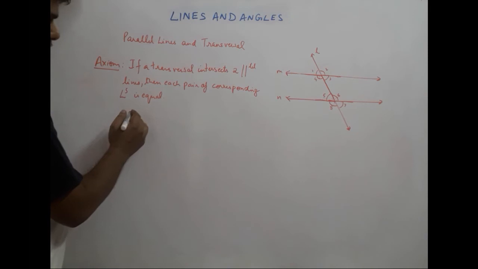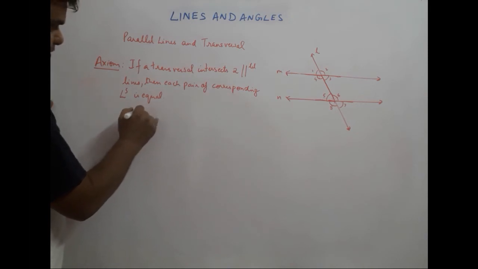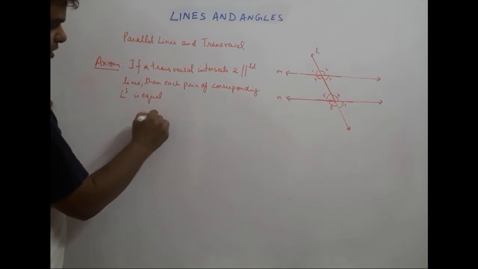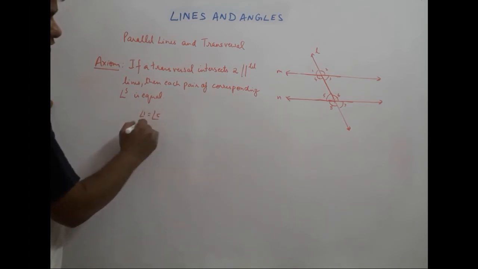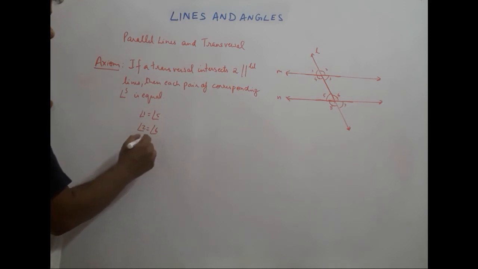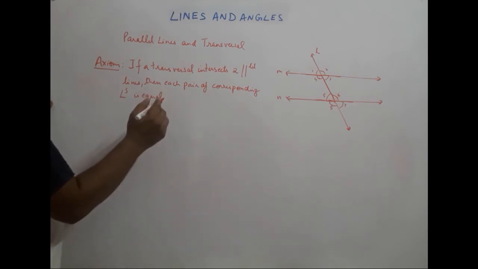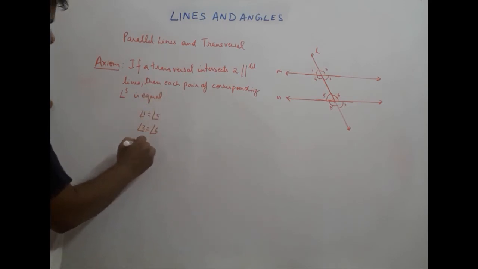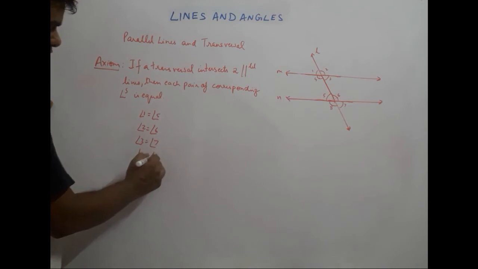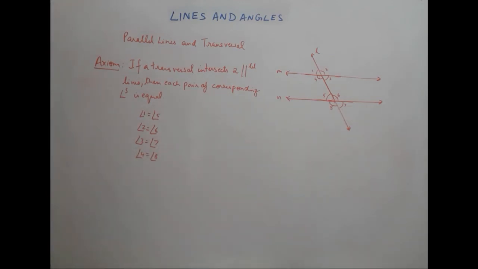So we can say that in this case angle 1 will be equal to angle 5. Then angle 2 will be equal to angle 6. Then angle 3 will be equal to angle 7, and angle 4 will be equal to angle 8.